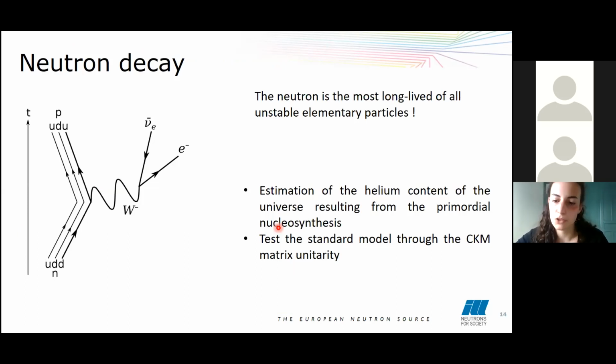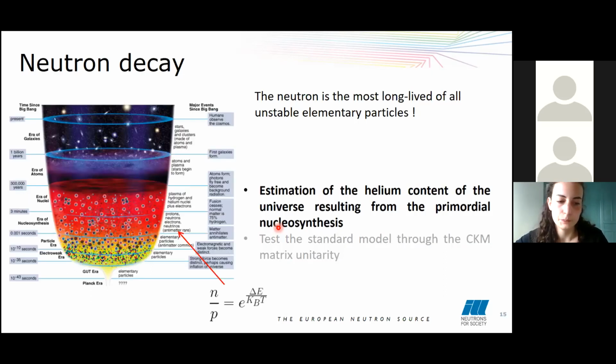The interest in measuring the neutron lifetime is mainly in two fields. The first one is the Big Bang theory, which can predict the abundances of, for example, deuterium or helium-3 and helium-4 at the very beginning of the early universe.